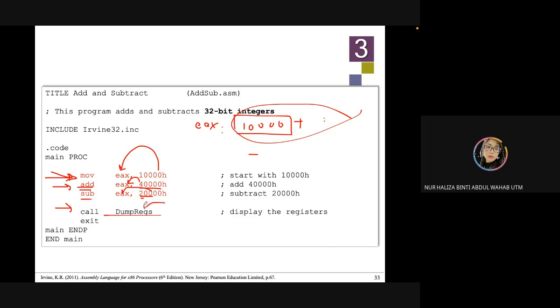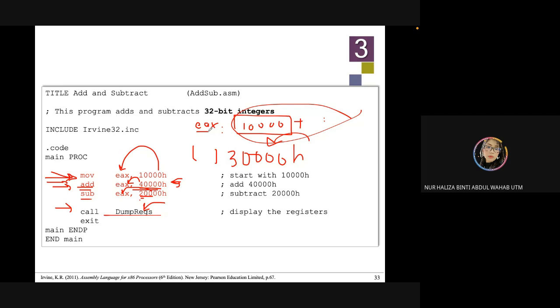Kalau you tak buat ini, maksudnya you hanya simpan nombor akhir tadi, you simpan 30000 kan. Bila you dah execute adding, you dah tambah dengan 40000H, you akan dapat 50000. And then it store, dia akan simpan it's going to store back to your EAX.